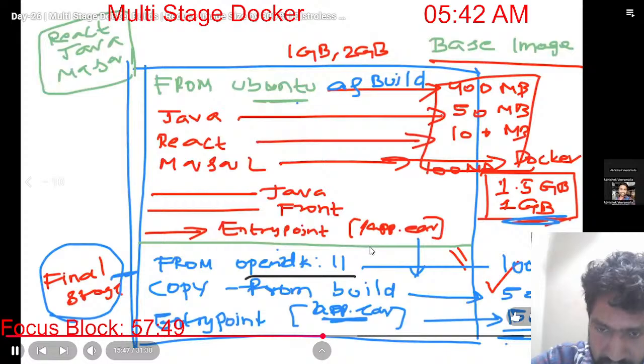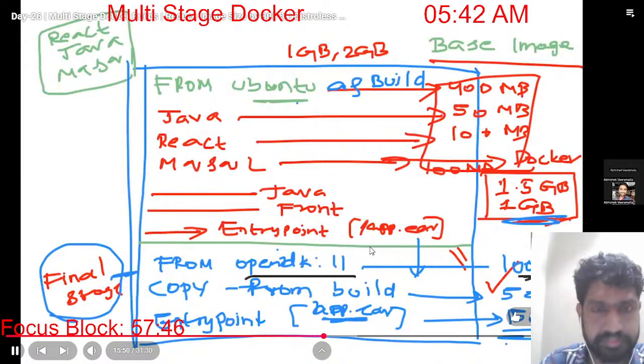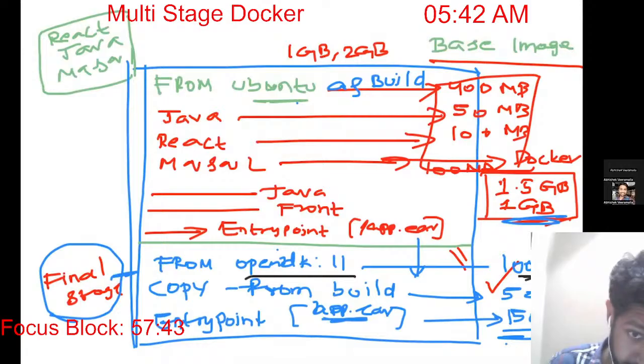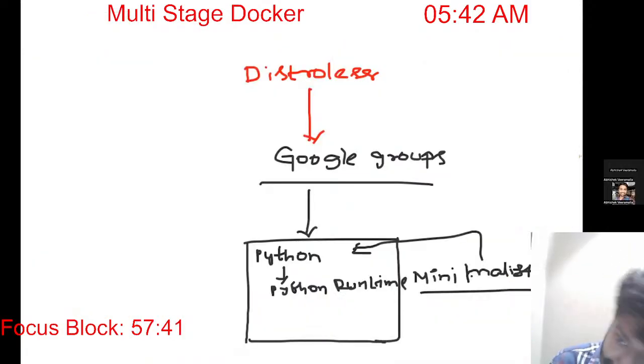For example, if you take only 100 MB because it only has OpenJDK. Now there will be another kind of distroless image that will not even have a Python runtime.